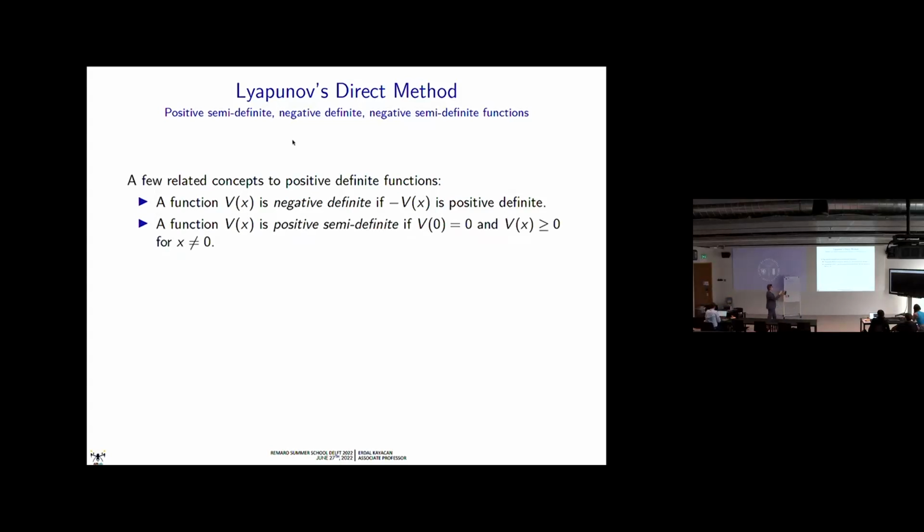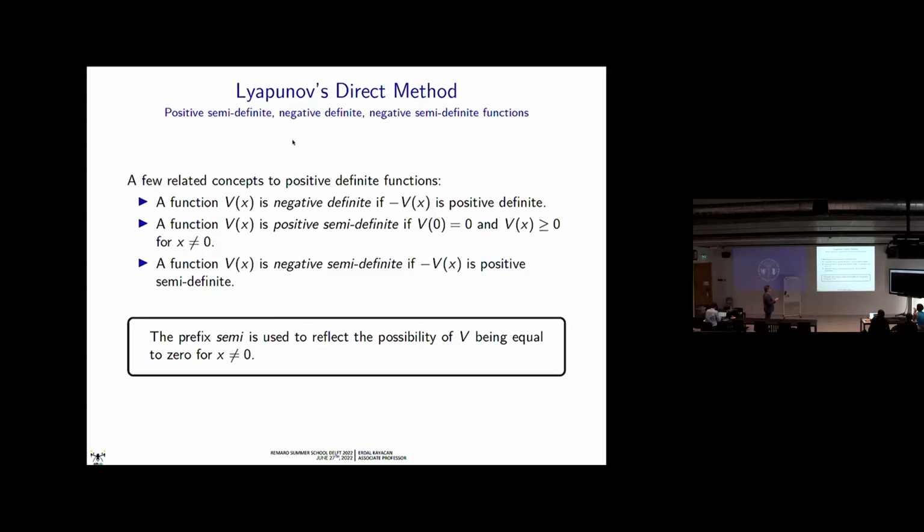Okay, if the function V(x) is positive semi-definite, then V(0) is equal to 0, but V(x) is greater than or equal to 0. What is the difference here between positive definiteness and positive semi-definiteness? Yes? It can be 0 at other places? It can be 0 at some other places as well. So it can be 0 at multiple locations, right? So if this is the case, then we call this function a positive semi-definite function.